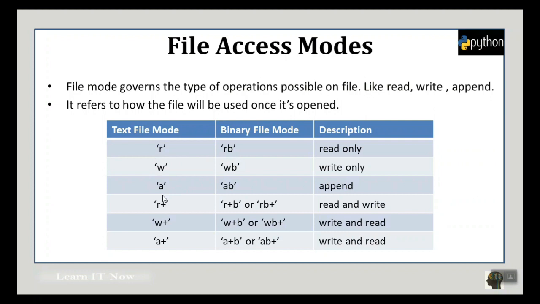A is for append to text file, AB is for append to binary files. R plus means read and write both. R plus B or RB plus means read and write both on binary files. W plus means again write and read both to a text file, and this for binary. And A plus means read and write both in the append mode to the file and this to the binary file.